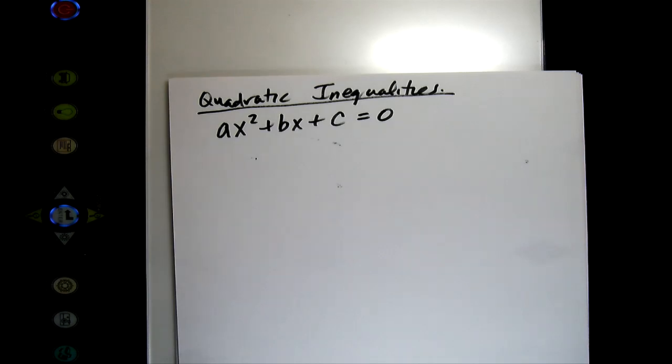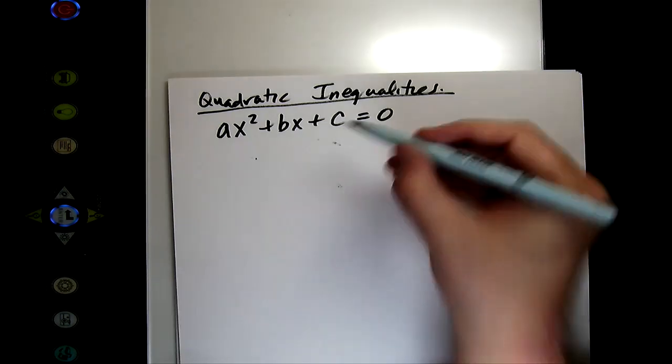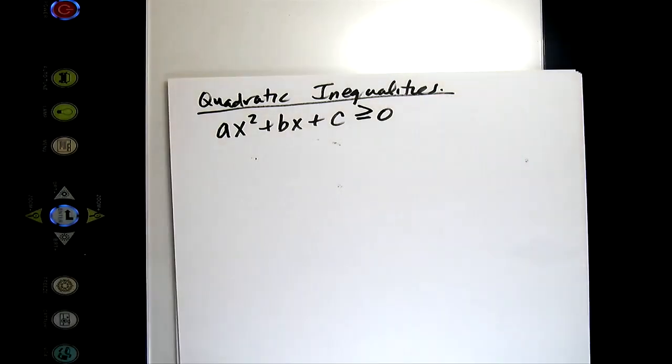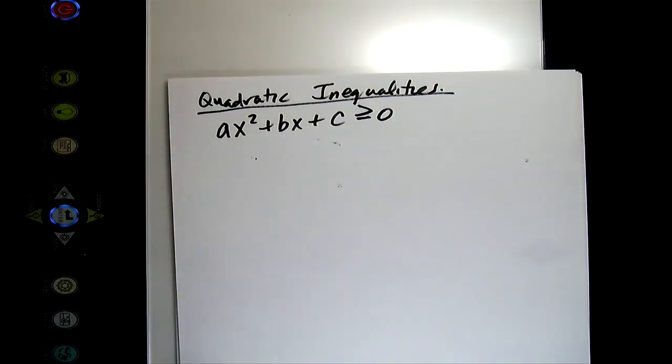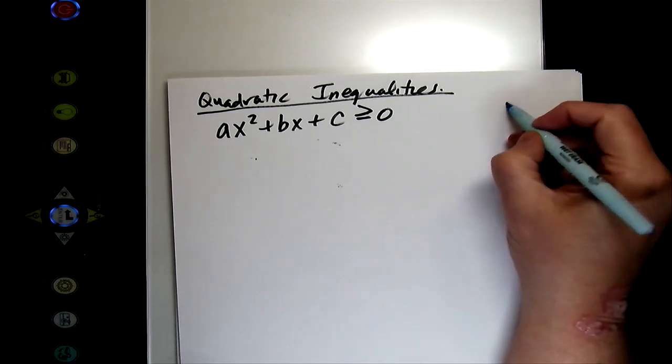But if you can't do it by factoring and you've got to do the quadratic formula, it still works. Oh, maybe I should make it an inequality, huh? Or I could have less than 0 over there, something like that.